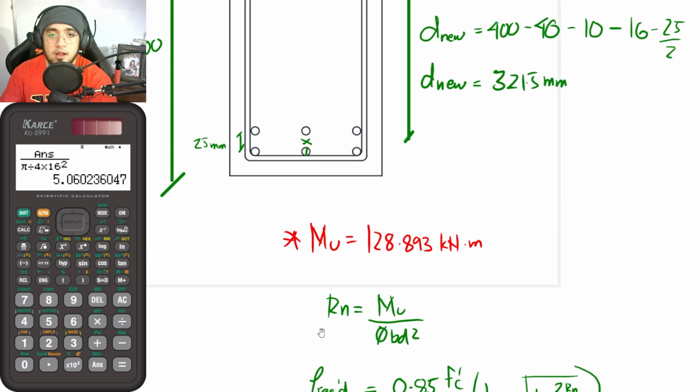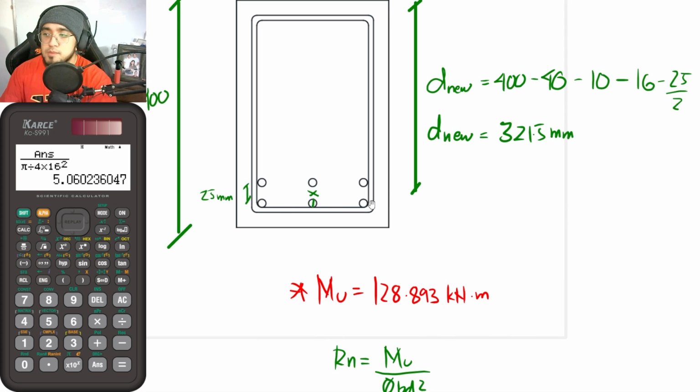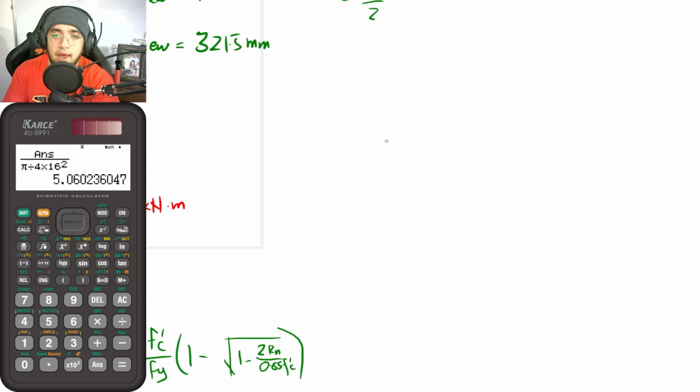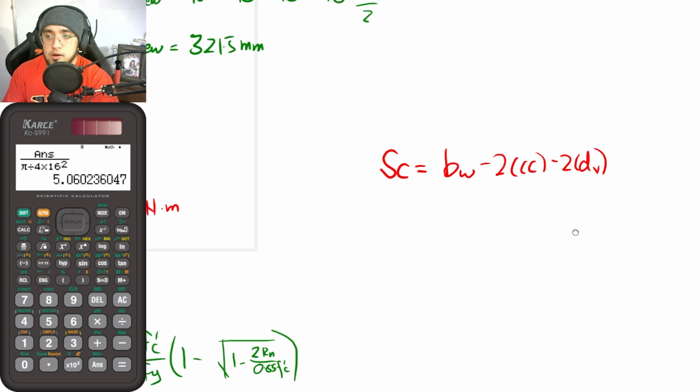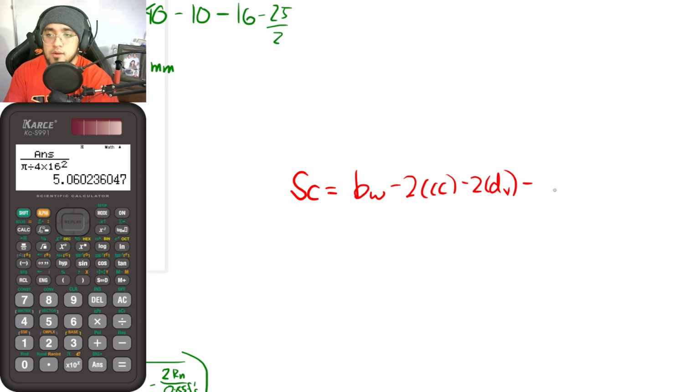And from that, let us now check if the spacing requirement is satisfied. As you can see here, in one layer, we only have 3 pieces of rebar. So for my clear spacing, this is equal to bw minus twice the concrete cover minus twice the diameter of shear reinforcement minus the number of bars times the diameter of bars, divided by n minus 1.